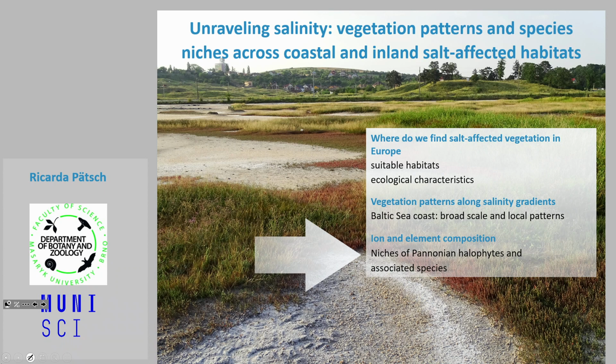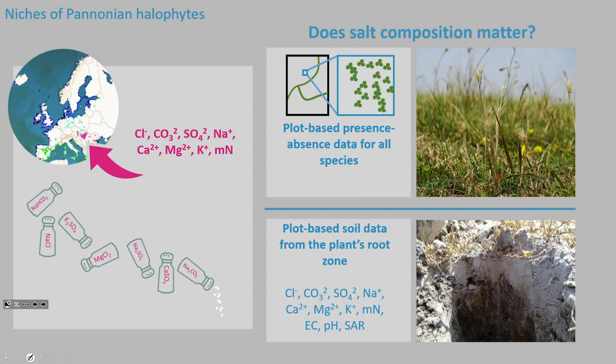And with that, I want to come to the last chapter of my talk, and I want to come to the topic of the role of ions and elements and their composition in the soil, and with that also to the project that I do here at Masaryk University. And I do that in the Pannonian Basin, so all my data are from the Pannonian Basin or the adjacent areas.